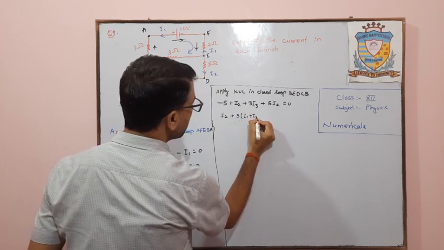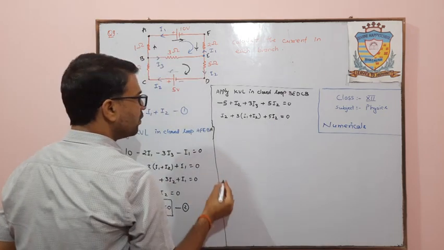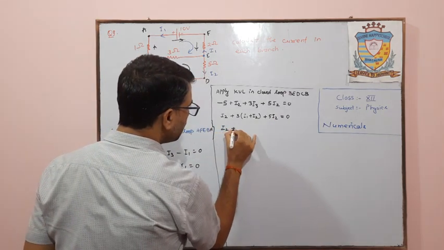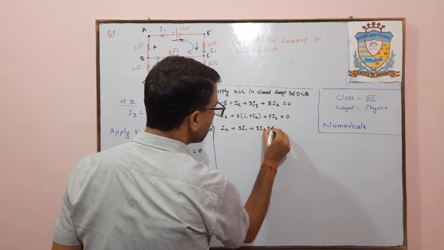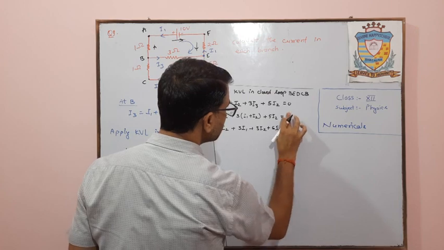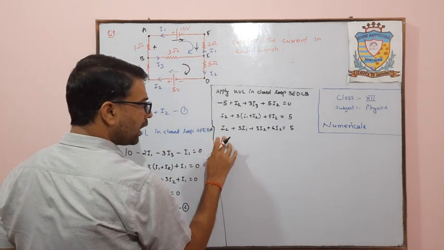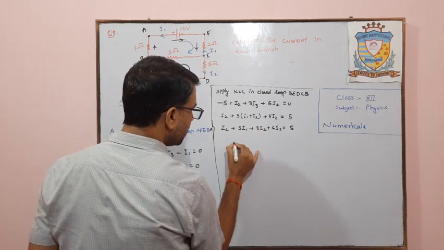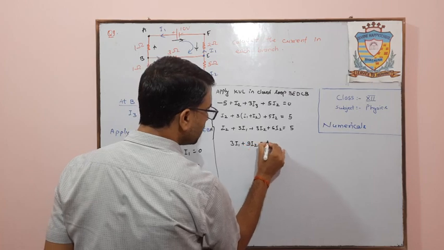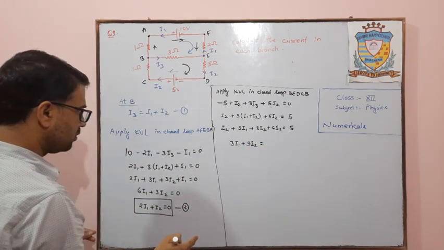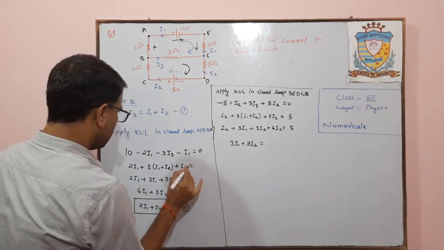So I2 plus 3 I1 plus 3 I2 plus 5 I2 is equal to, sorry, it is 5, so 3 I1 plus 9 I2 is equal to, sorry, here it should be 10.